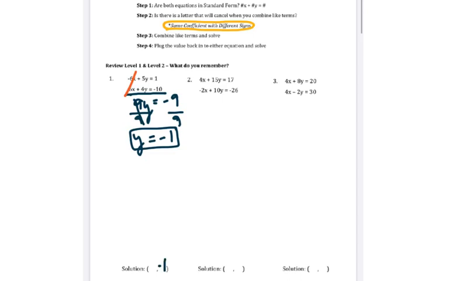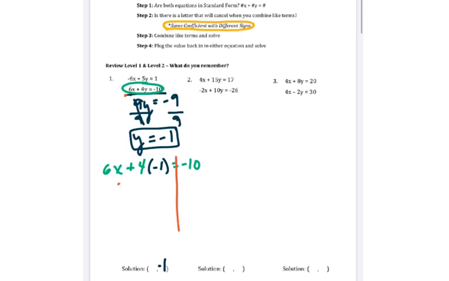Then I take that y equals -1 and I plug it into any equation to solve for x. I'm going to pick this one because there are fewer negatives. Well, it's the same amount. I just like that one. You can pick either equation. I'm going to write it down: 6x plus 4, instead of that y, I'm replacing it with a -1, and it equals -10.